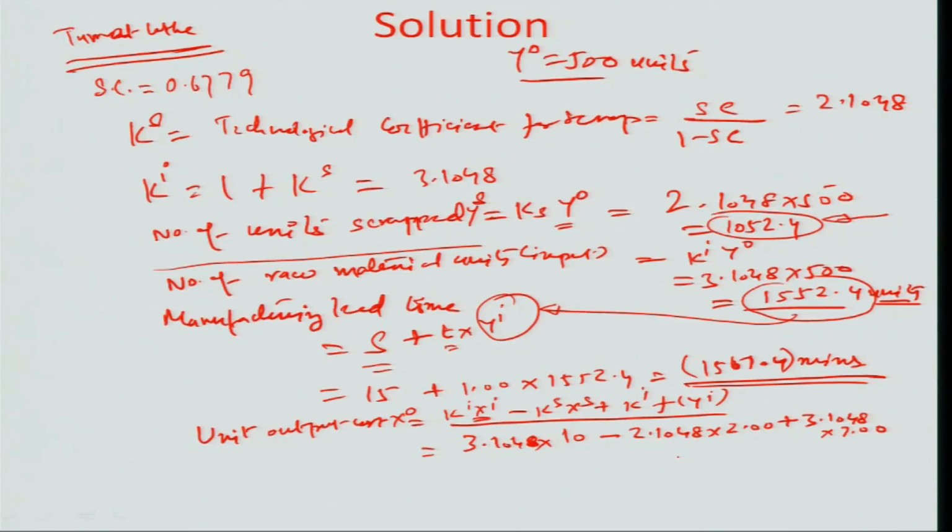This brings us to an output cost x0 of about $48.572. So that is the per unit output cost in this particular case.